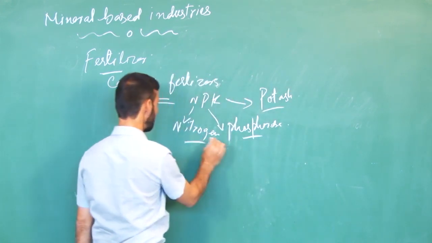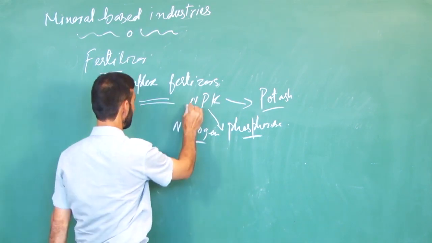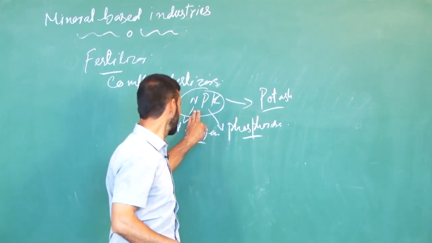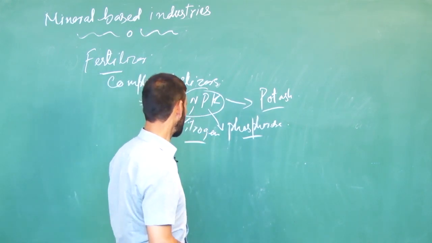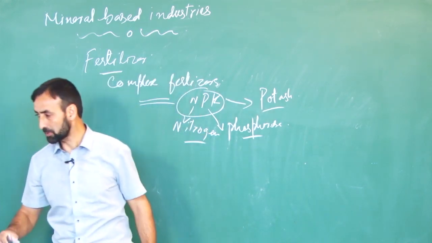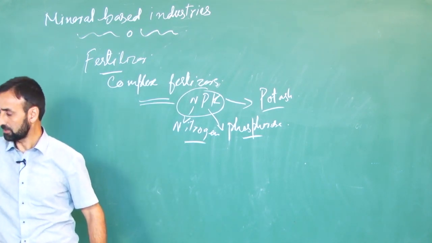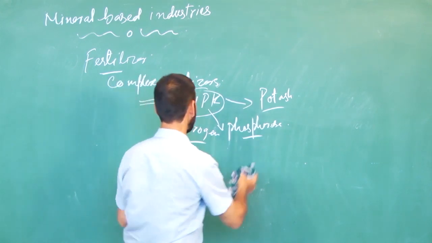These are the three fertilizers. When they are combined, they become complex fertilizers. In this way, fertilizers in India are much more important because they are used for agricultural purposes in order to get much more production from the land.